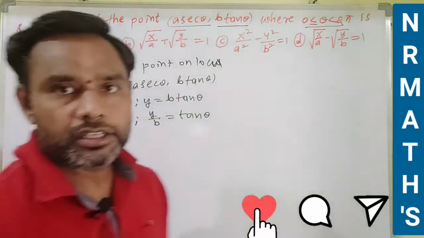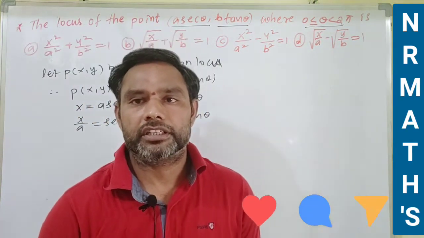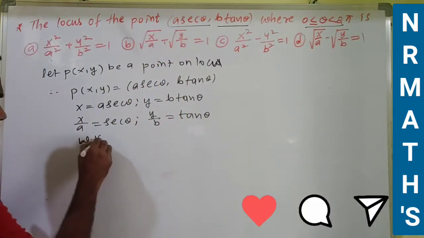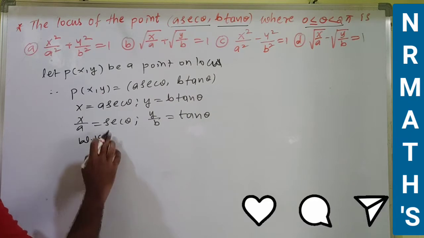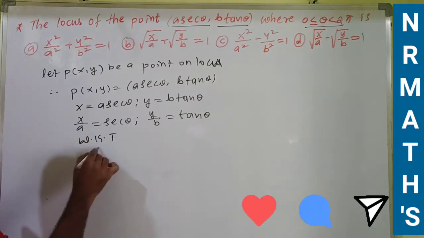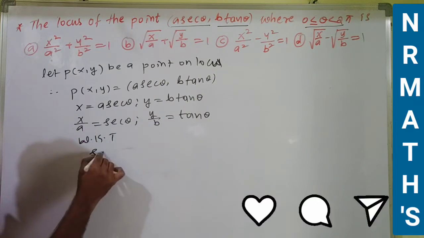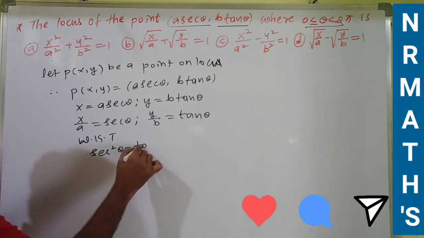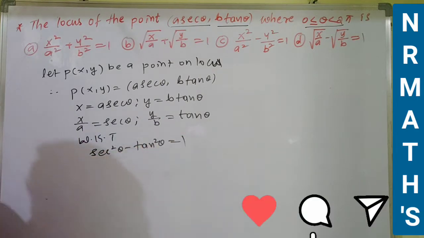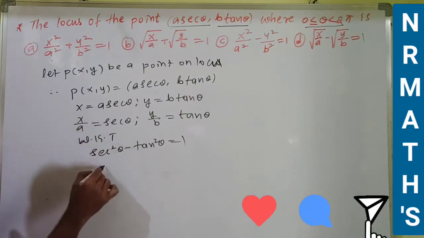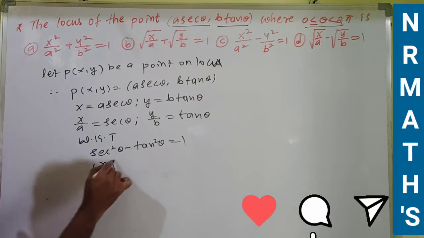Now we know that sec square theta minus tan square theta is equal to 1. Here sec theta is x by a, so sec square theta is (x by a) whole square.